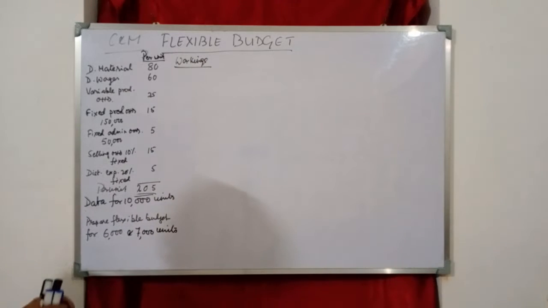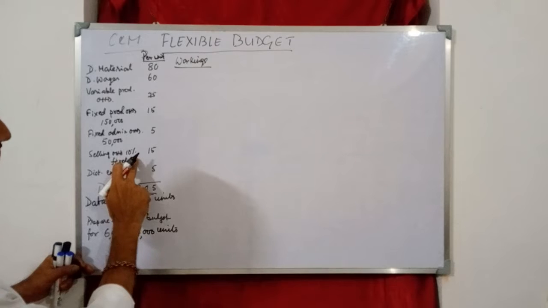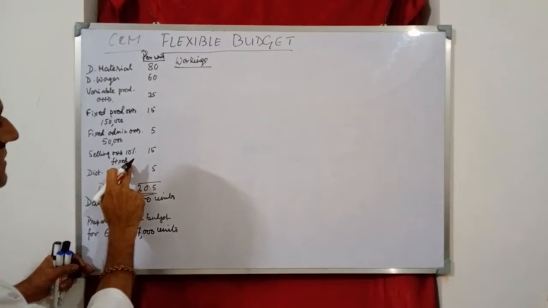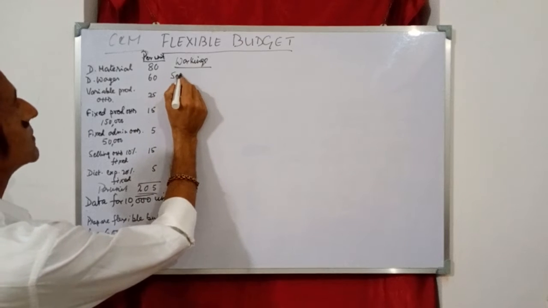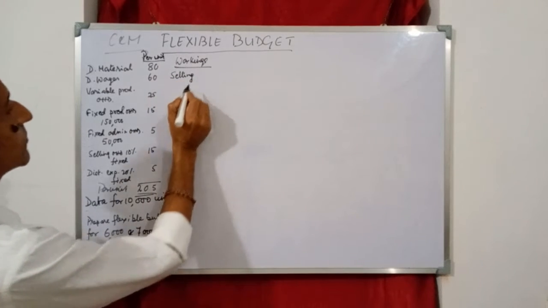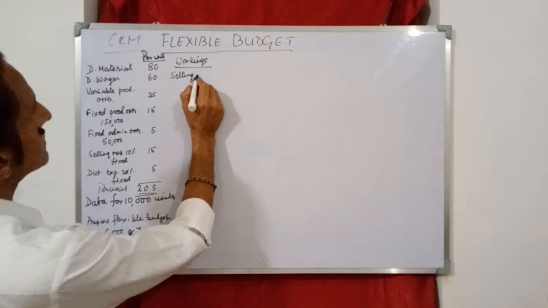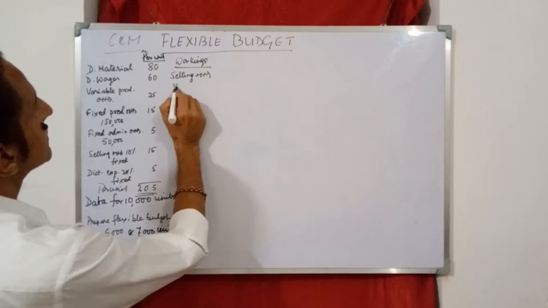You see, selling overhead is 10% fixed, that is 90% variable. So we have to find out the variable and fixed portion of 15 selling overhead.